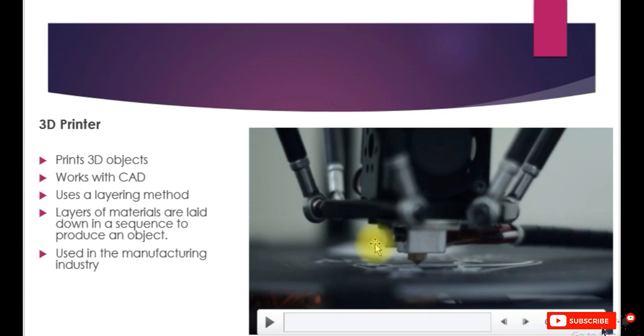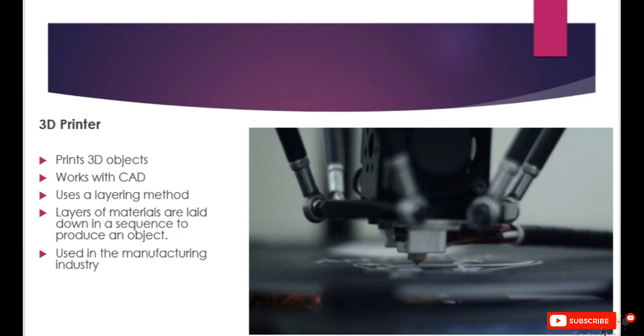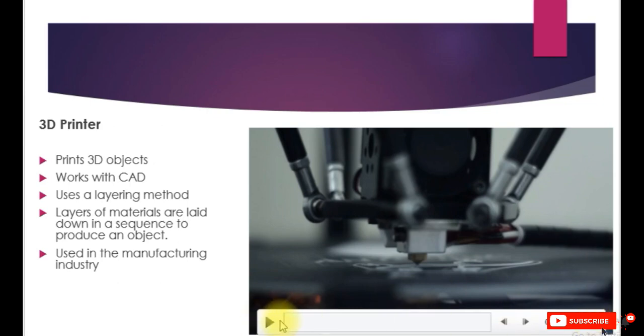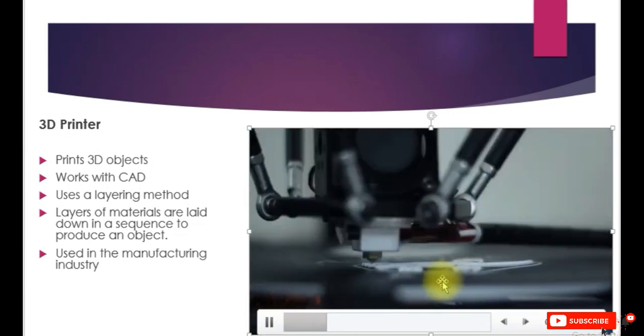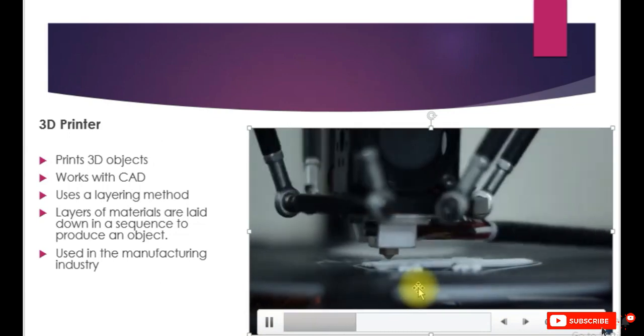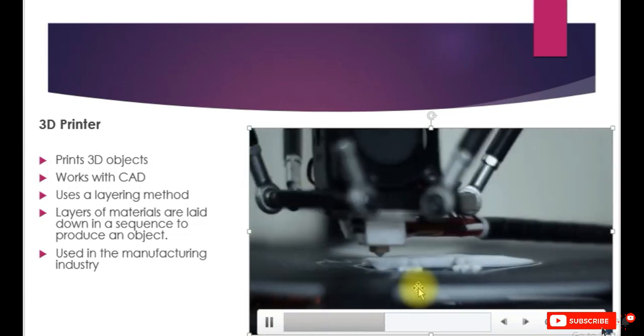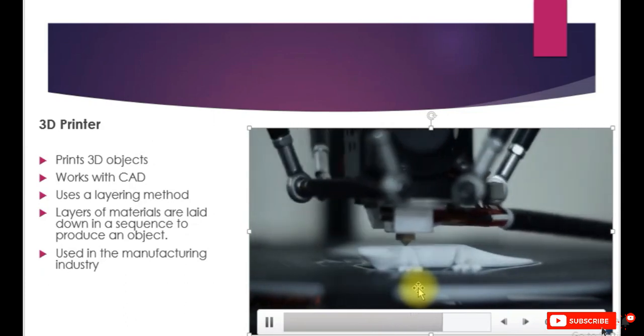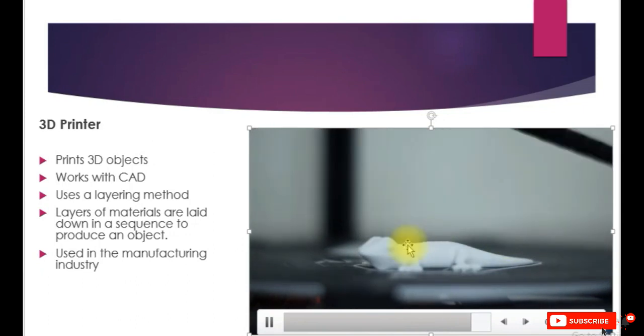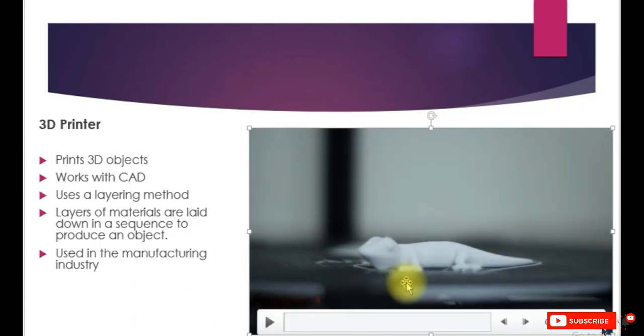It works with things like computer aided design software, and it works by using a layering method where, as you're seeing in the video here, the objects or items are created by layering the material or substance from the print head to create the object.